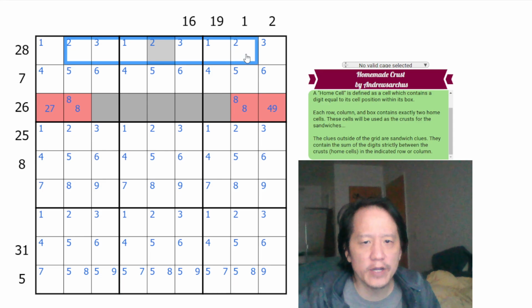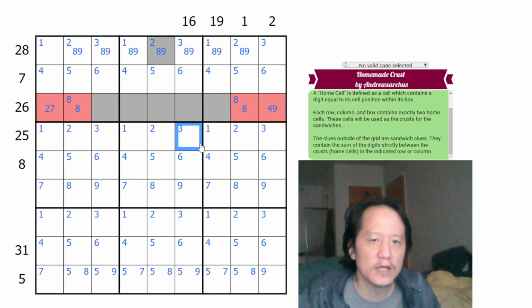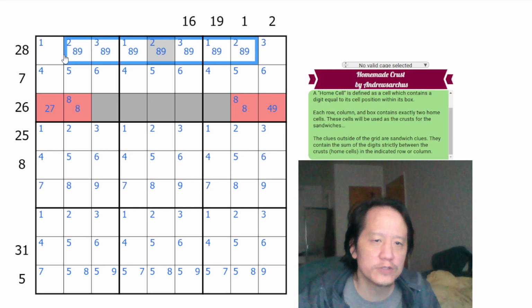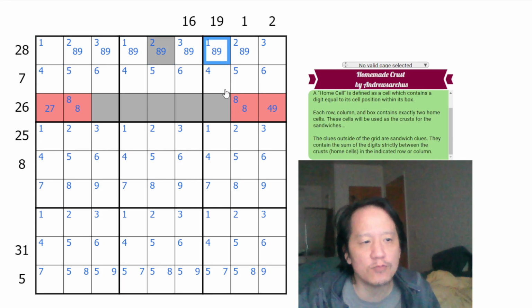So we know 8 or 9 have to be here also, right? It has to be a set of 4. So the 8 or 9 has to be in between that. It cannot be a set of 5 because then you would have a 1 and a 1 being crust, and they would be obviously in the same row, so that wouldn't work.